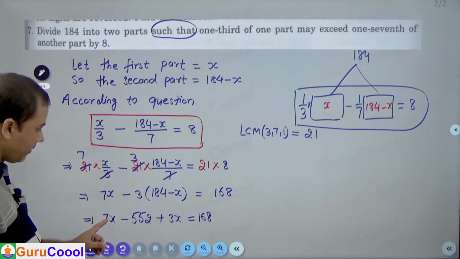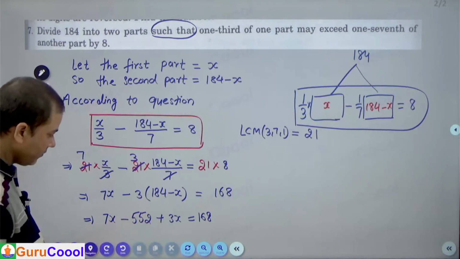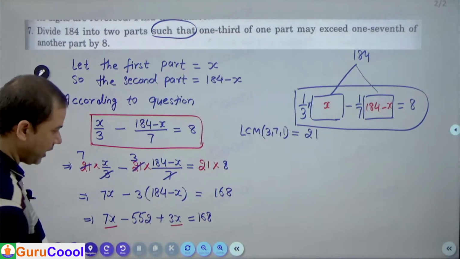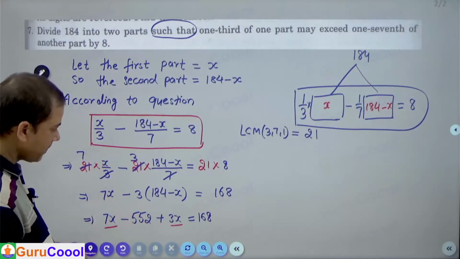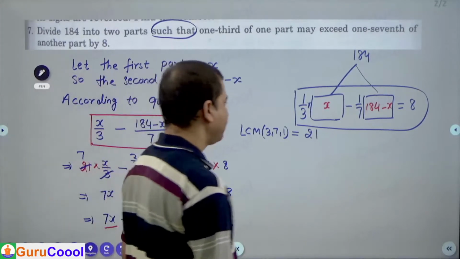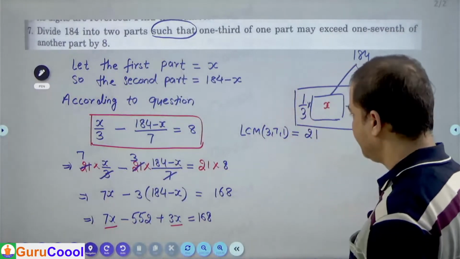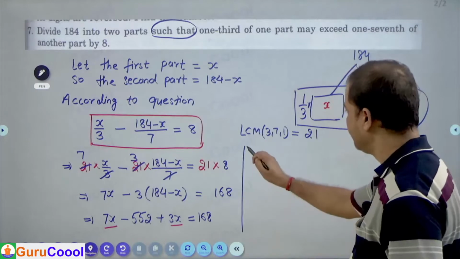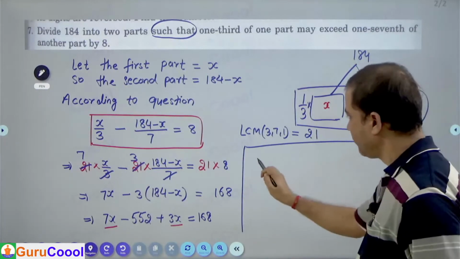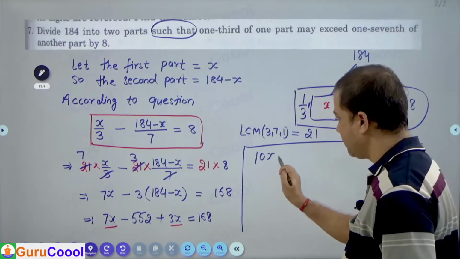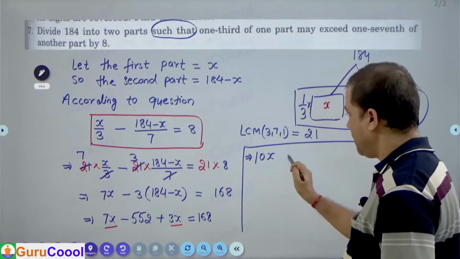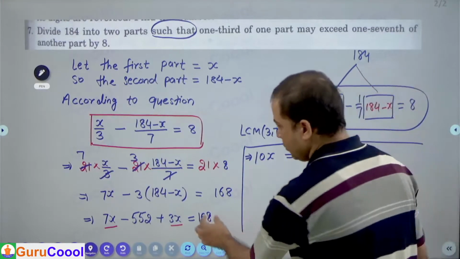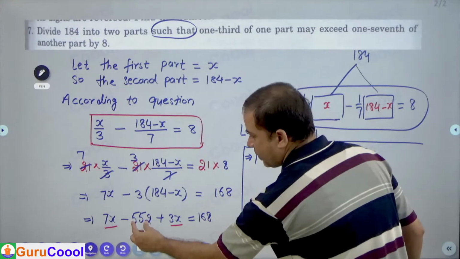Now we have 7x plus 3x. They are like terms, so we have to add: 7x plus 3x is 10x, and that is equal to how much? 168, and 552 is negative there.